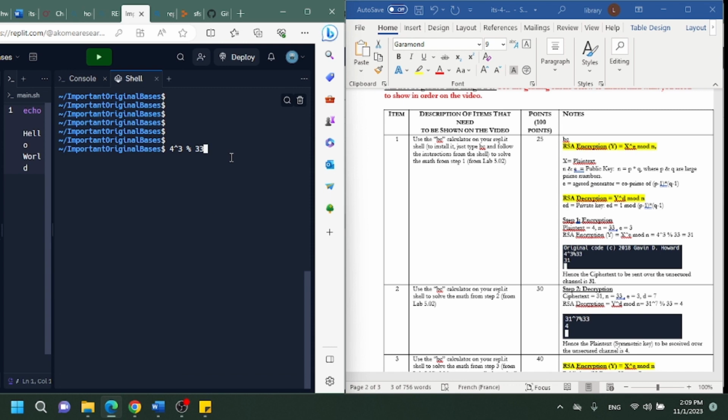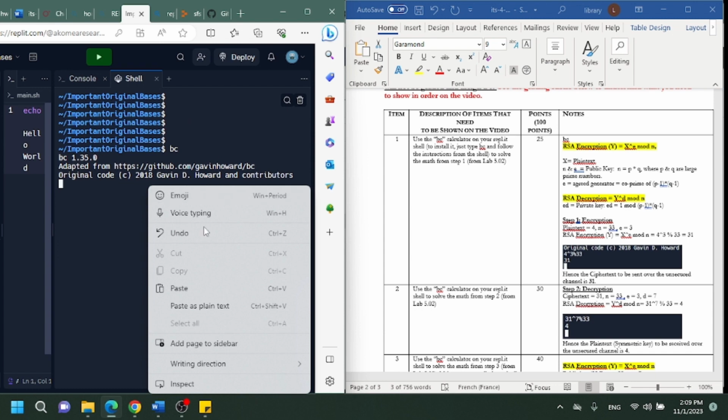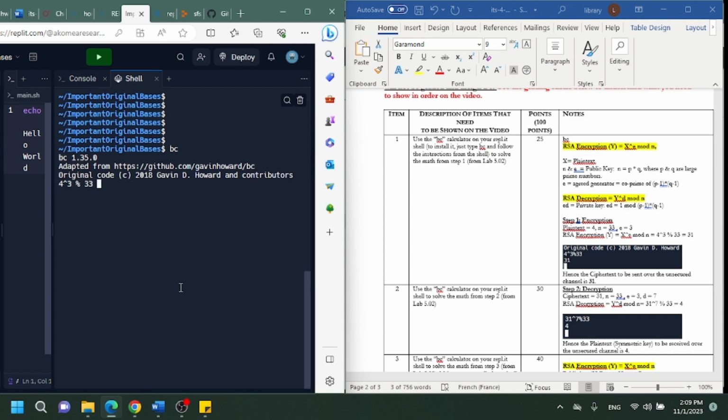First let's get BC. Just choose BC, install it. It's going to start. So we can now paste, BC is running. When we compute that, we have 31.